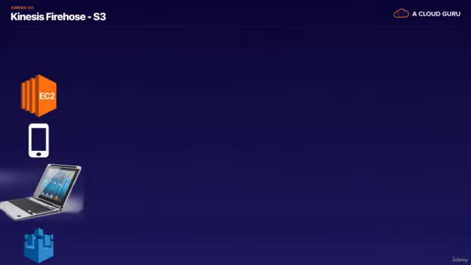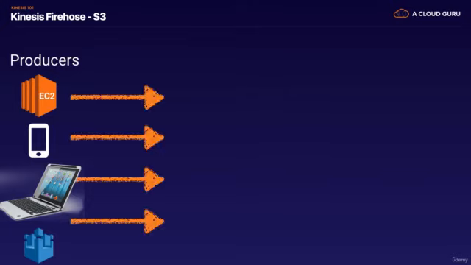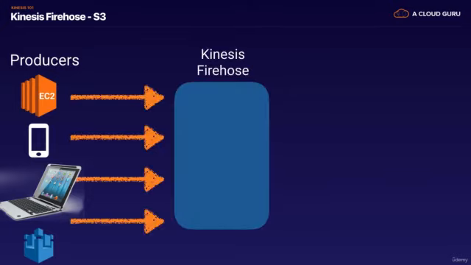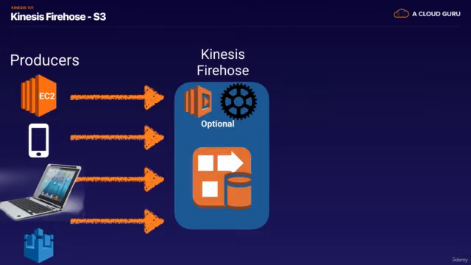Kinesis Firehose, let's have a look at that. So we've got our data producers. So again, our EC2 instances, our smartphones, our laptops, our IoT, etc. And this is sent to Kinesis Firehose. Now, inside Kinesis Firehose, there's no persistent storage. The data has to be analyzed as it comes in. You have to do something with your data. So it's optional to have Lambda functions inside your Kinesis Firehose.